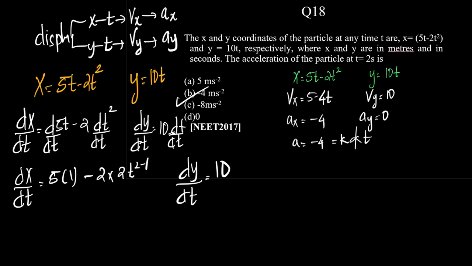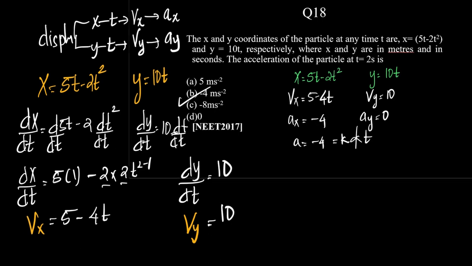So dx by dt is nothing but vx and dy by dt is nothing but vy. So vx is 5 minus 2 into 2, which is 4, 4 into t to the power 2 minus 1, which is 4t, and vy is equal to 10.